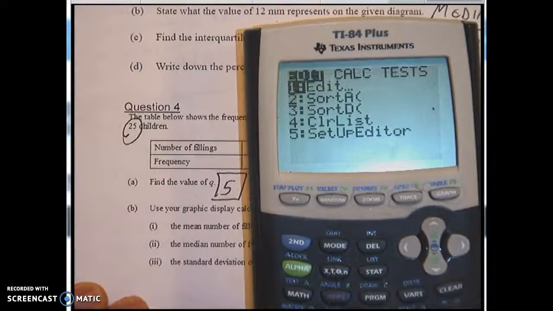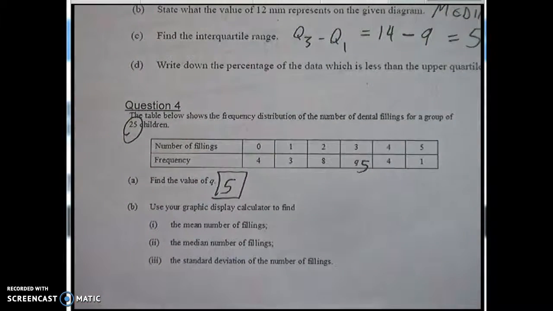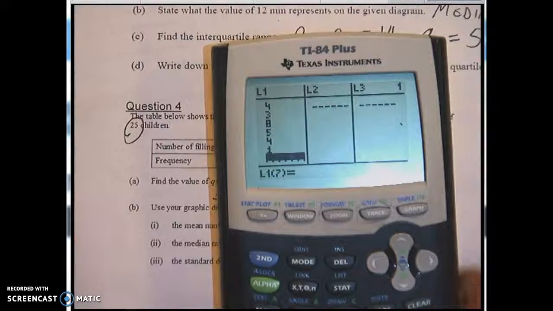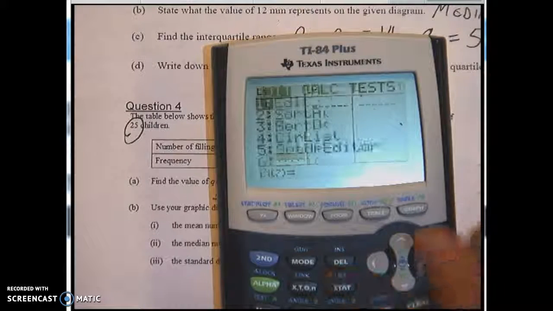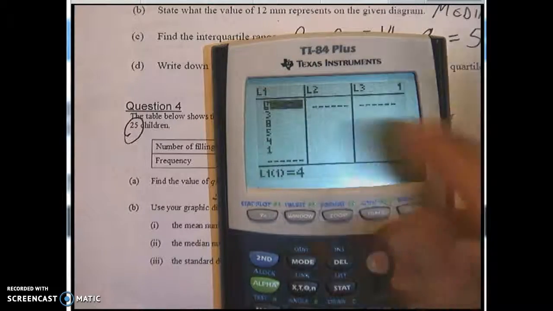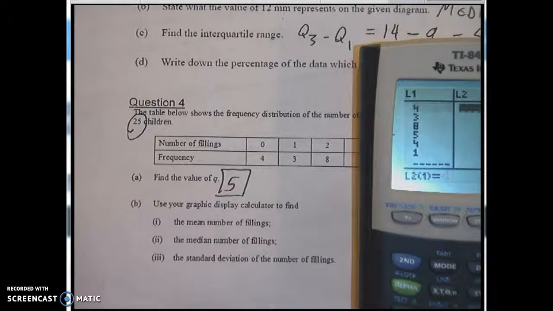We're supposed to find the mean, the median, and the standard deviation. So that's still stat edit. Clear out this list here. 4, 3, 8, 5, 4, 1. And to calculate the mean, the median, and standard deviation is just stat calc 1. It is frequency data now. Oops, I put the frequencies in list 1.